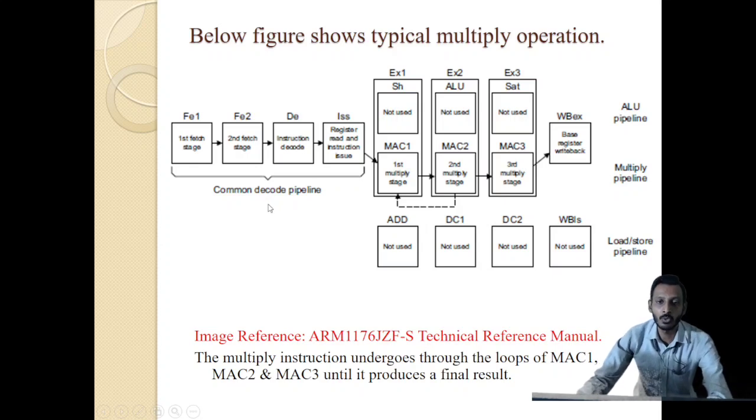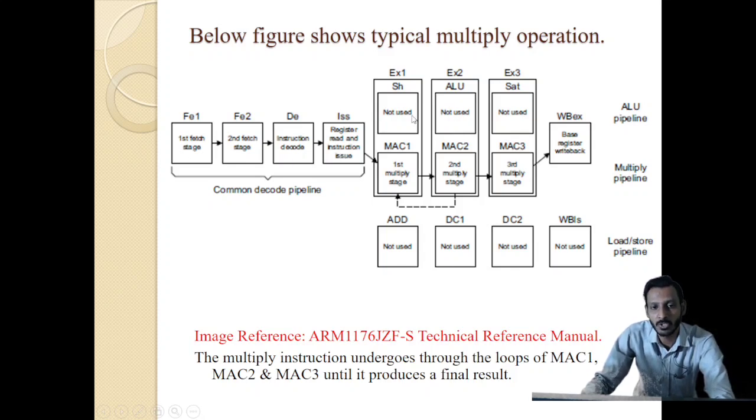In the next figure you can see the typical operations for multiply and accumulate. Again in this diagram we have 4 common stages, called the common decode pipeline: FE1, FE2, instruction decode, and register read and instruction issue.